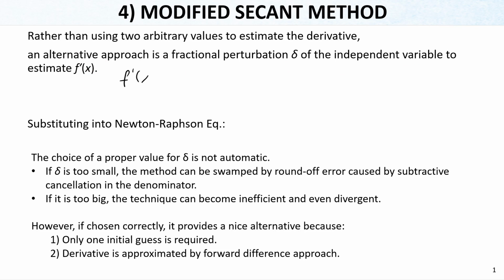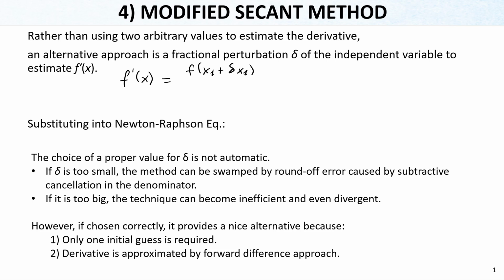What we mean is that we simply do this for the backward difference. Let's say f derivative x. Instead of using xi minus 1 and xi, we will use xi plus a delta xi. So simply f of xi plus delta xi.